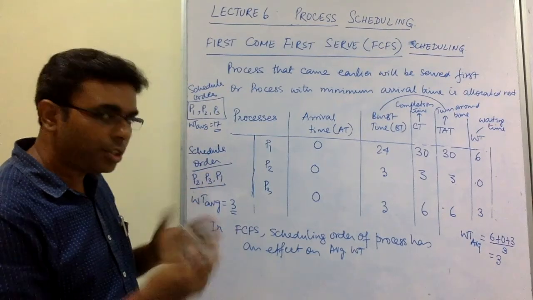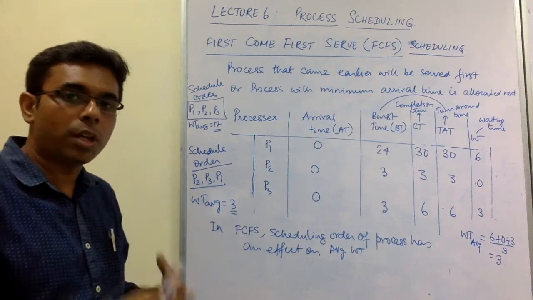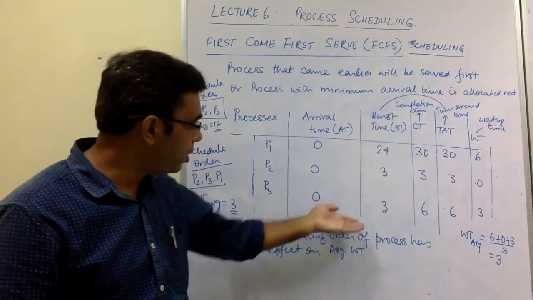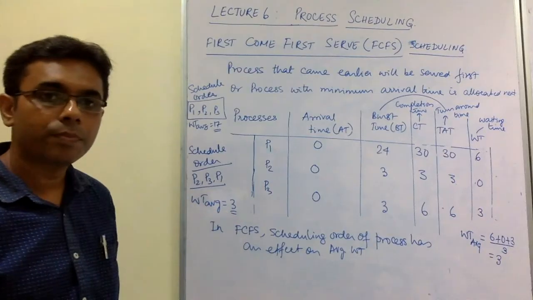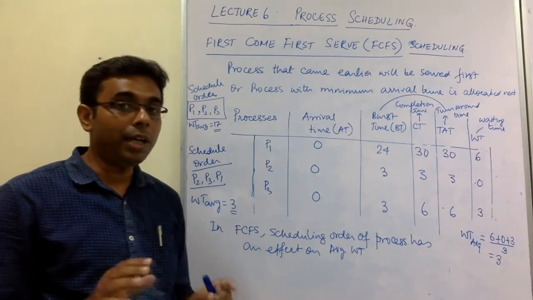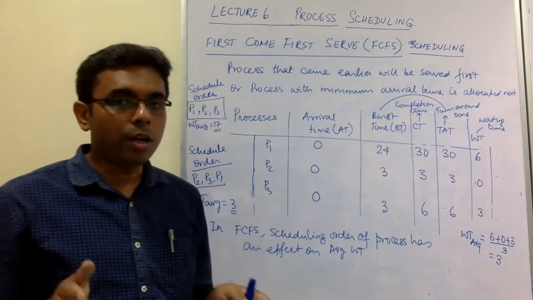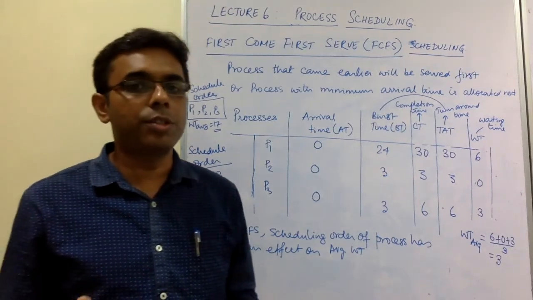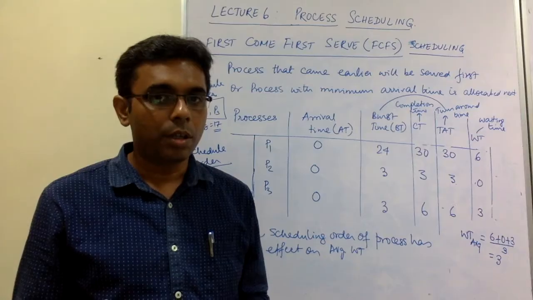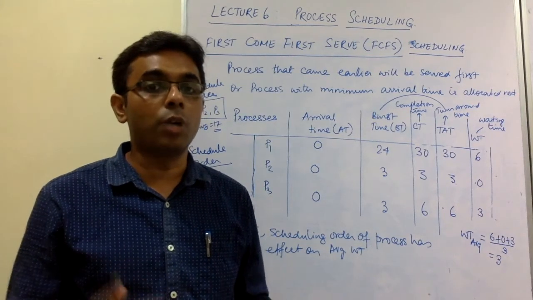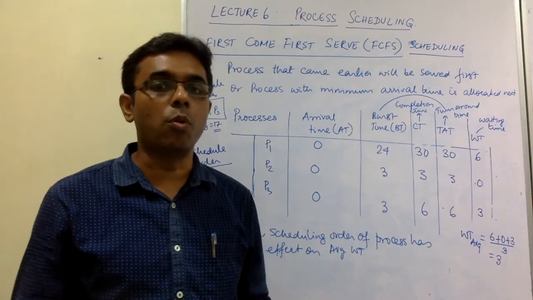But when we changed the order and allowed the smaller burst processes to execute first, we found the waiting time to be 3. Which clearly says that if you allow longer burst duration processes to execute first, it eventually causes your system to slow down. That is, the waiting time is more.